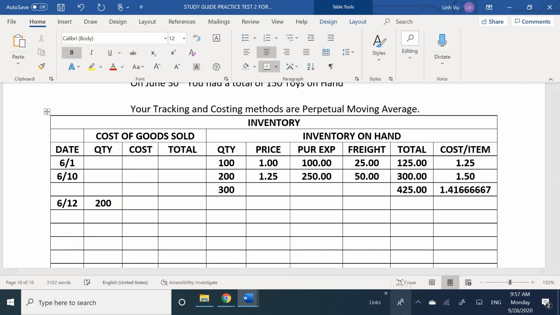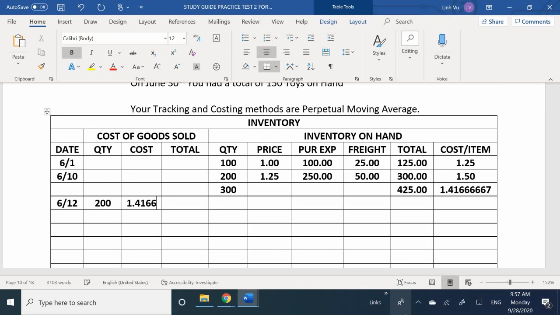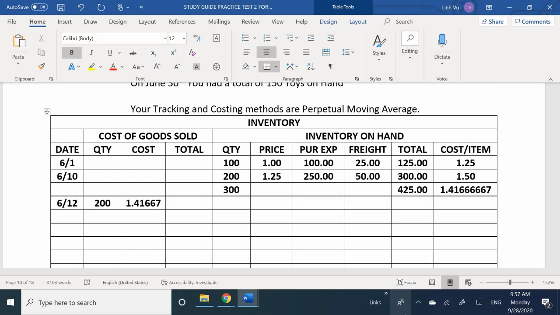So I'm going to go ahead and keep this 1.416667 in my calculator. And how much total am I going to get from here? I calculated only the 150. Up to 5 decimal points, that's why. I think 283.33. I might be wrong there.